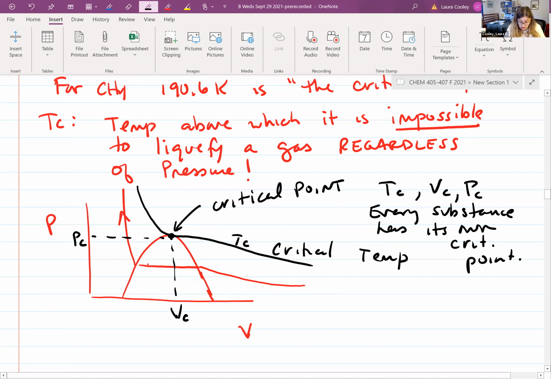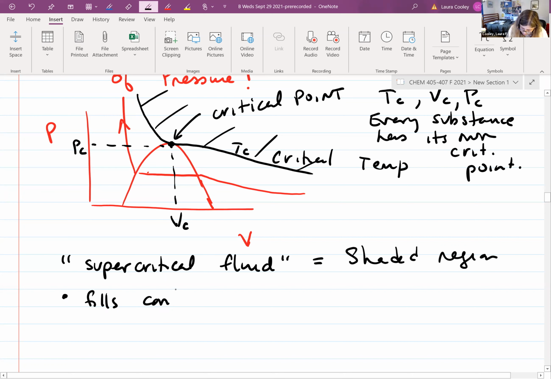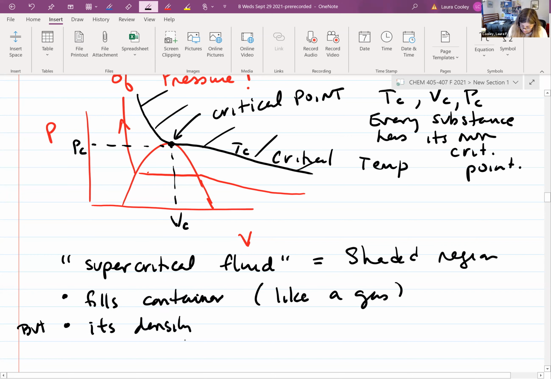Okay, so where this happens is over here in this part of the curve. The shaded region is what we call a supercritical fluid. And what characterizes it is it fills the container. So in that sense, it's like a gas, but its density is too high for it to be a typical gas.